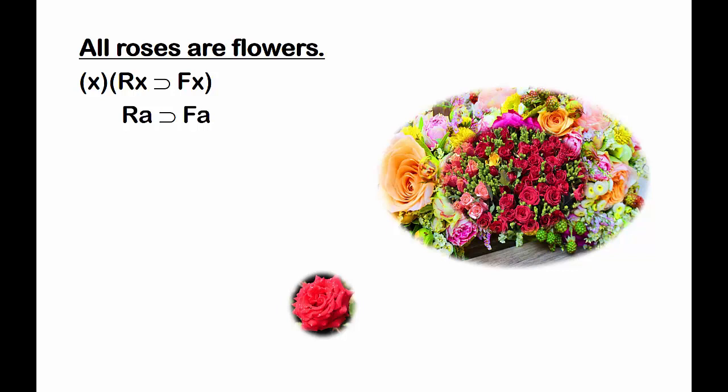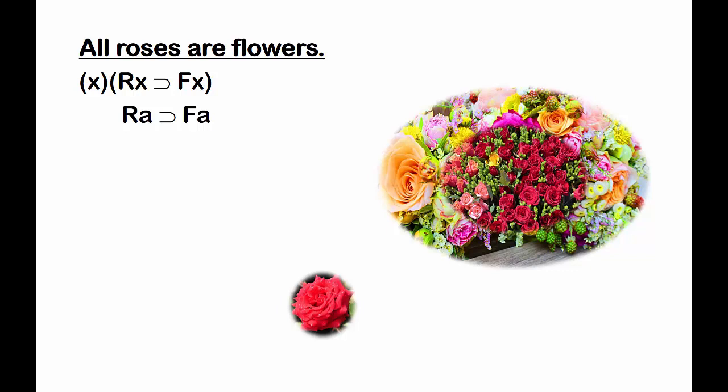Let's say we call this object the object A. Then I can infer on the basis of what I'm given in the universal sentence that this individual A, given that it is a rose, it's also a flower. In this way, I am instantiating from a more general sentence to a sentence about a particular individual.